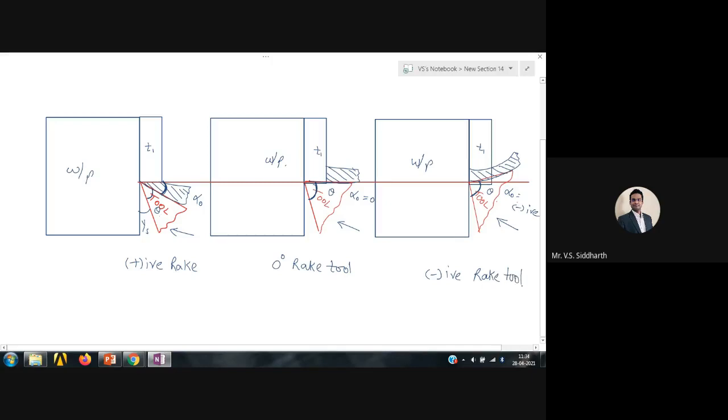So we basically have three types of tools: one in which the rake angle is positive, another in which the rake angle is 0, and a third in which the rake angle is negative. Three types of rake.